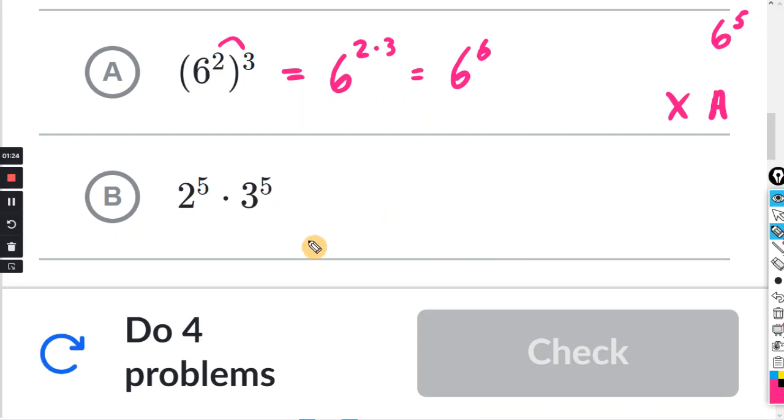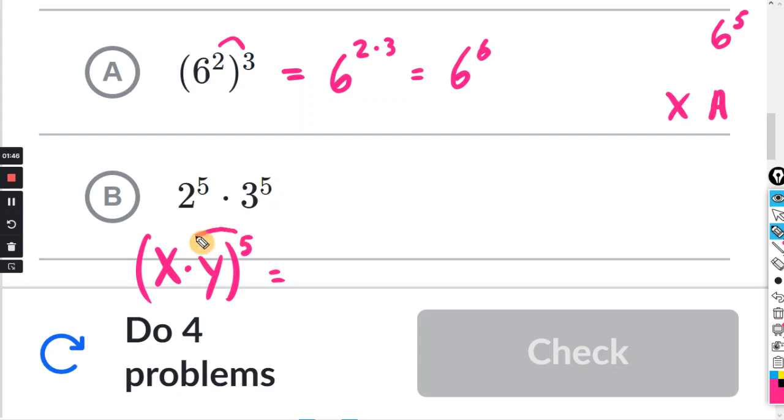All right, answer B. If you have, let's say, x times y to the power of 5, that exponent gets applied to both numbers, okay?